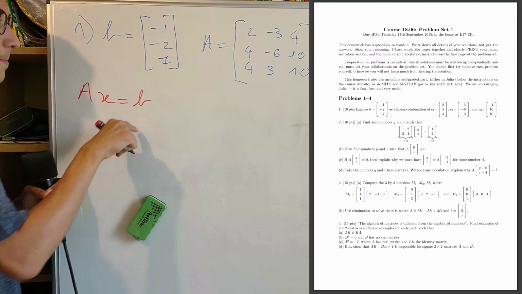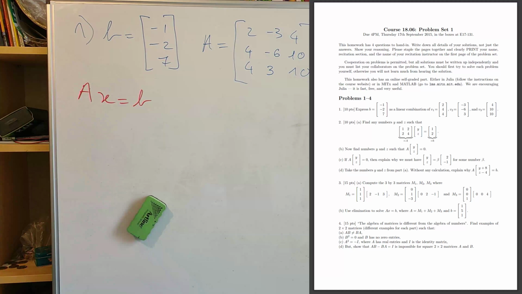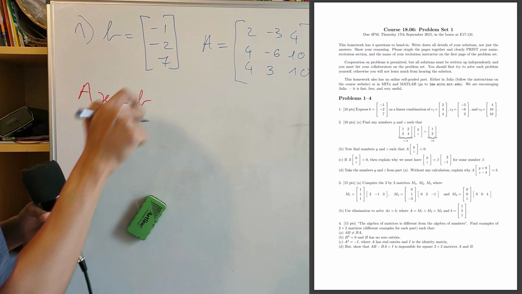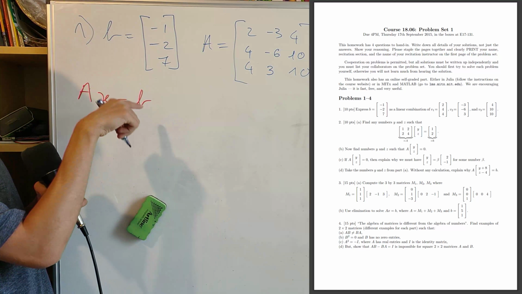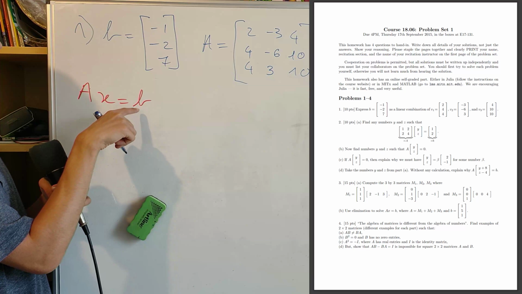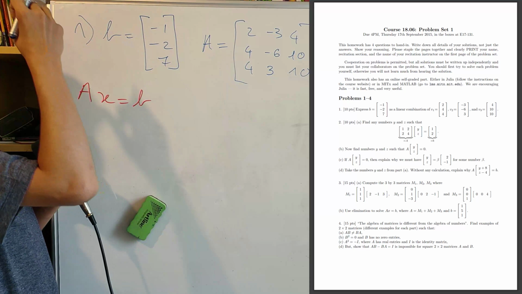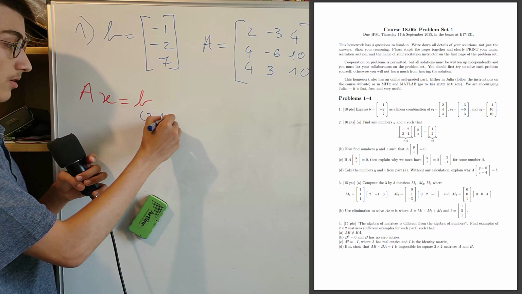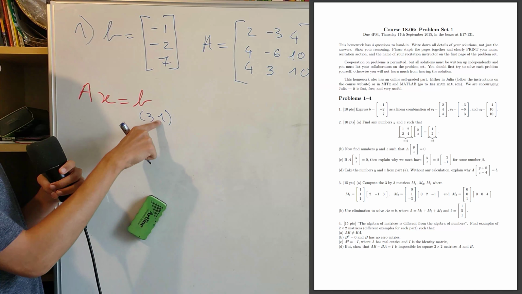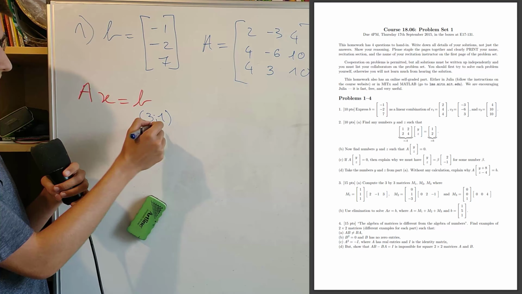Now we know from the shape thing I just told you earlier that the B vector is of shape 3 by 1.